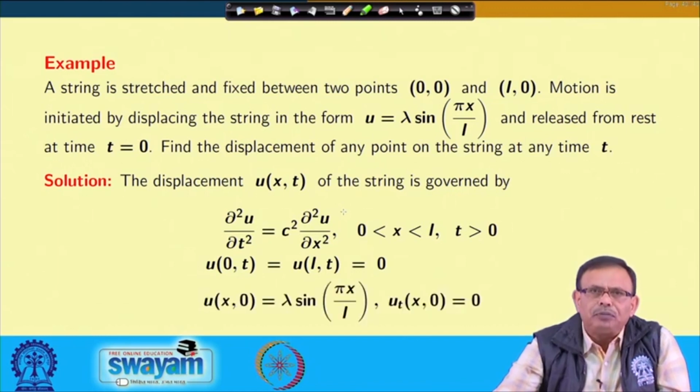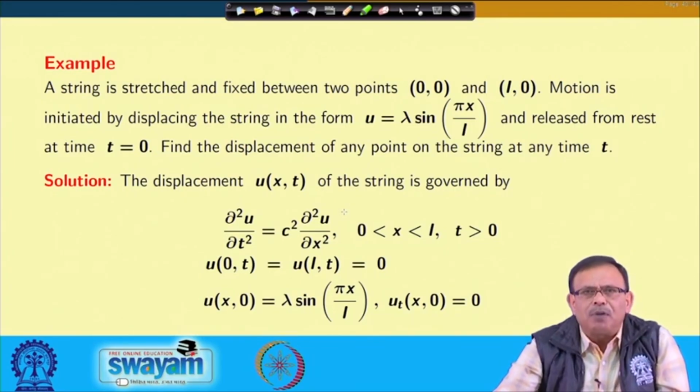Also the motion is initiated by displacing the string in the form u equals lambda sin(pi x by L). Therefore, at t equals 0, the value of the function is lambda sin(pi x by L), and from here you can tell u_t(x, 0) equals 0.